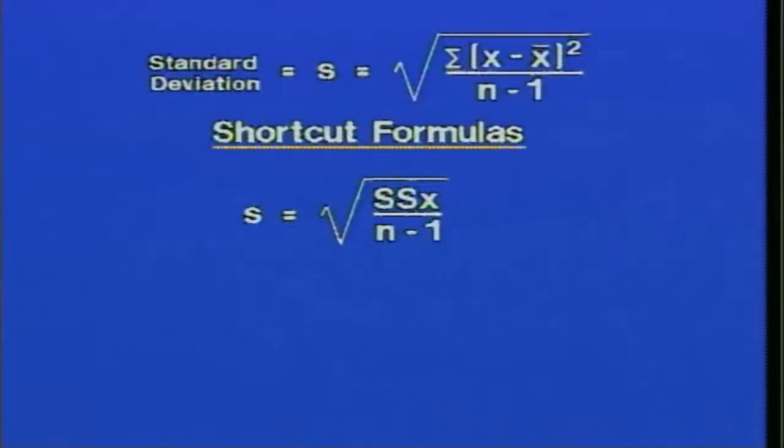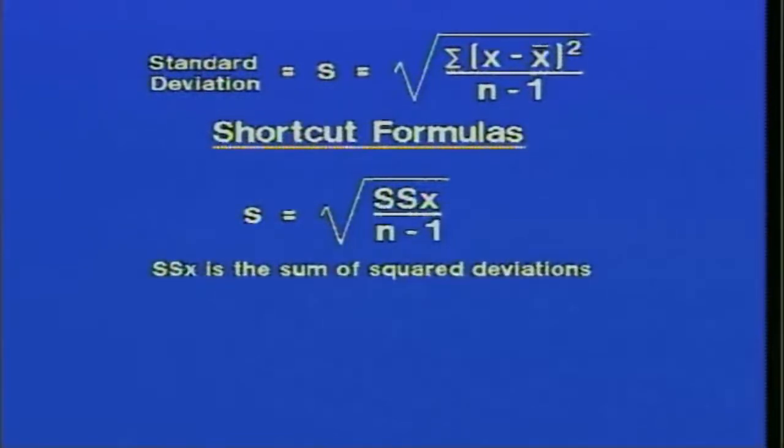Now just think about our standard deviation formula like this, and I'm just substituting the numerator under the radical with SSX. Now that SSX is the sum of squared deviations. That's what it was, you see, in that original formula.